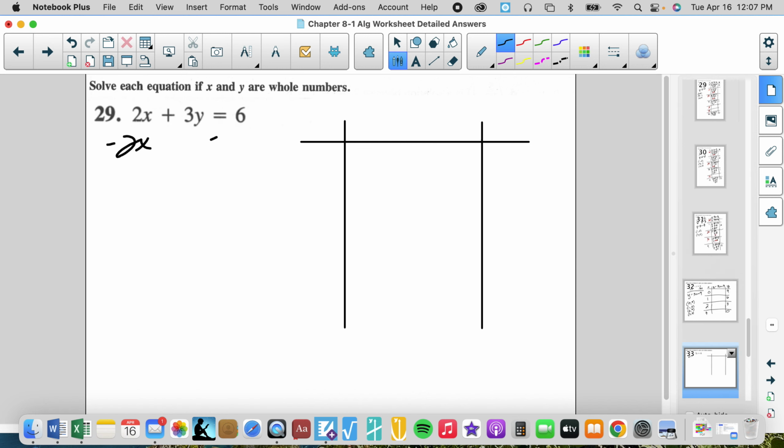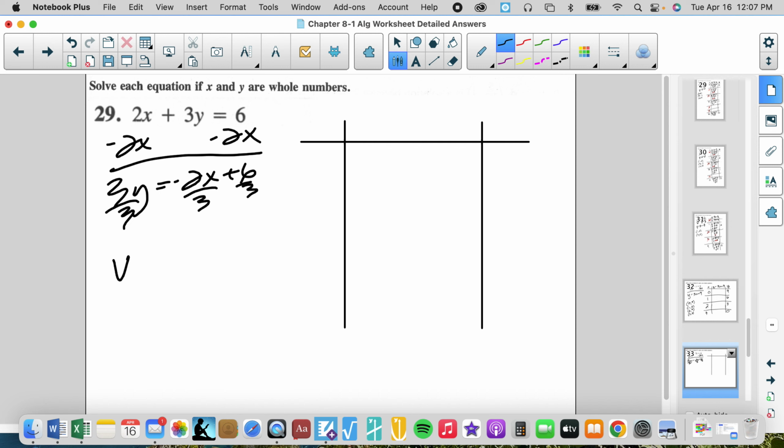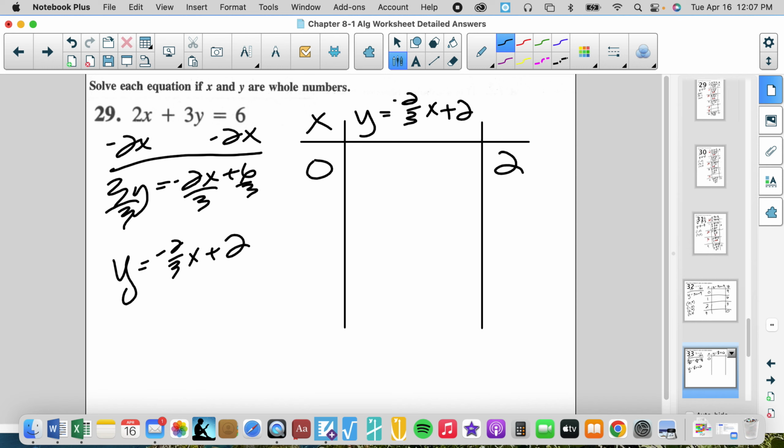Minus 2x, minus 2x, 3y equals negative 2x plus 6. Divide by 3, divide by 3, divide by 3. Y equals negative 2/3 x plus 2. So let's think about what's going to work and what's not going to work. 0 will work because we'll be left with 2.